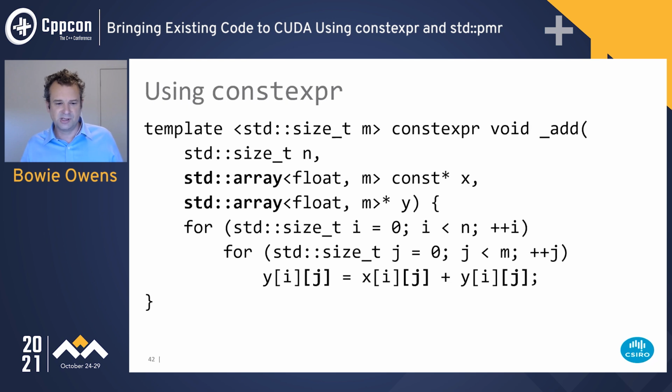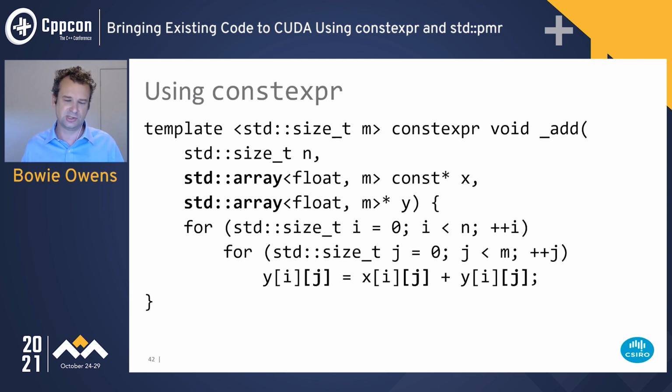By enabling this flag, we can call any other constexpr function within our own constexpr add. And the good news, in my case, was that the indexing operator, the square brackets, on standard array is constexpr in C++17. So now this example is good. We've solved the problem without changing any of the types involved.